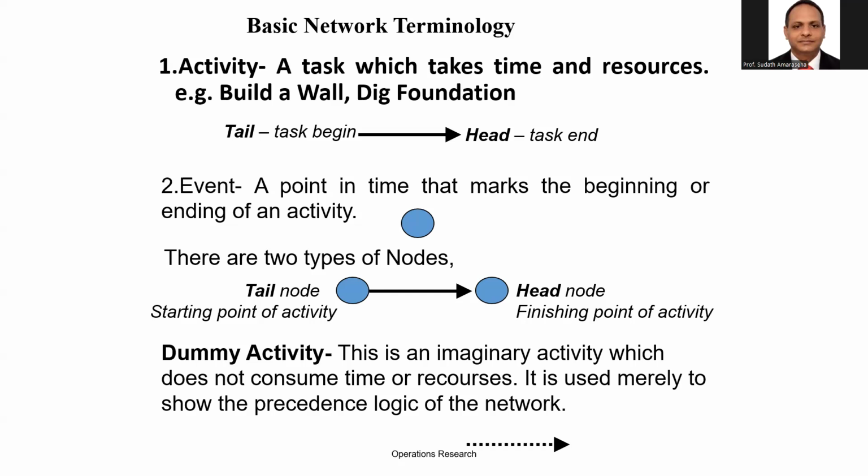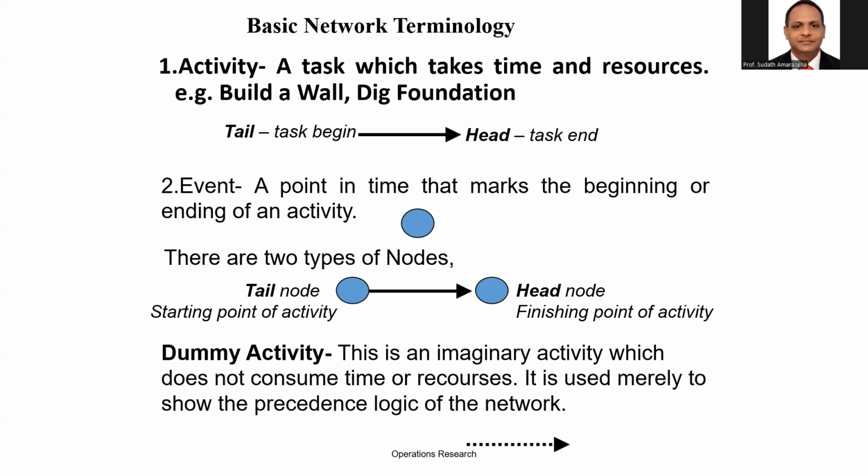A dummy is not time consuming, not resource consuming. This is an imaginary activity which does not consume time and resources. It is used merely to show the preceding logic of the network. If you want to draw the network diagram according to the rules, sometimes we should use a dummy. Normally, we use a dotted line arrow to represent the dummy activity.